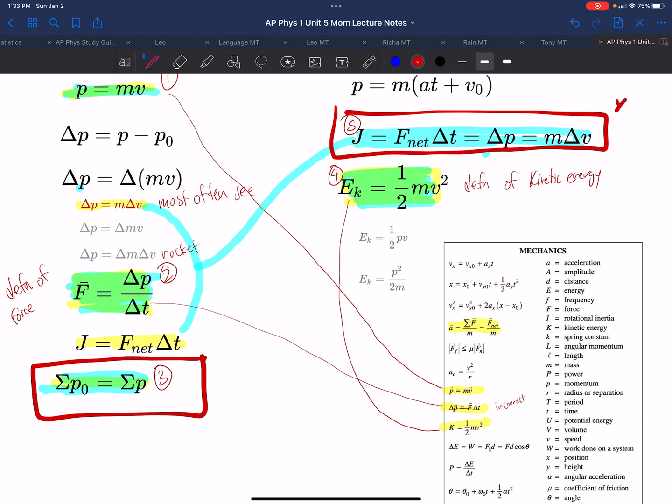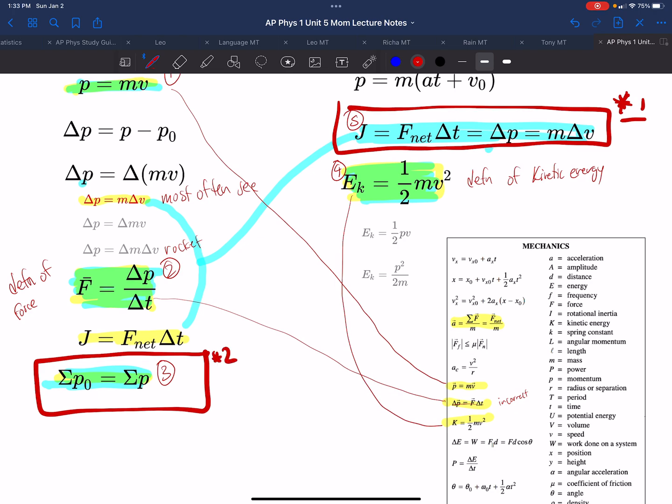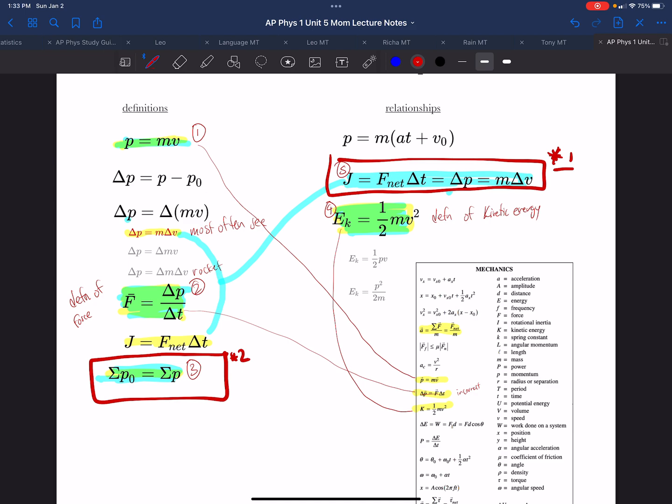And it turns out this is the number one most useful formula in this whole unit, and it's not given in any shape or form. And this is probably the second most useful. Now, these others are formulas we're going to see.